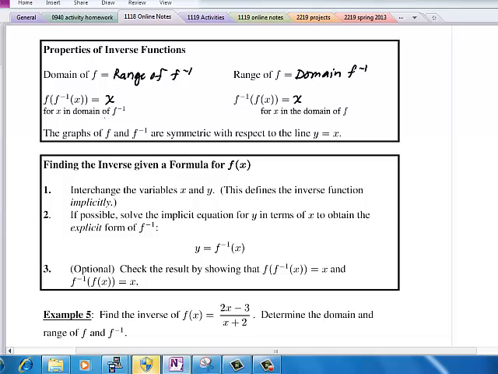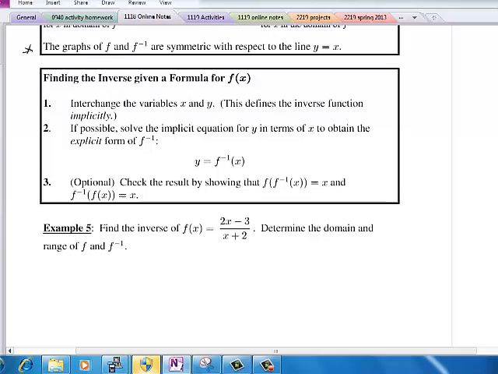So remember, when we're composing these functions, we have to be able to get through that inverse, the first function first. So f of f inverse of x equals x is true for x in the domain of f inverse. F inverse of f of x equals x, but only for x in the domain of f. And then, like we had written, the graphs of f and f inverse are symmetric with respect to the line y equals x.